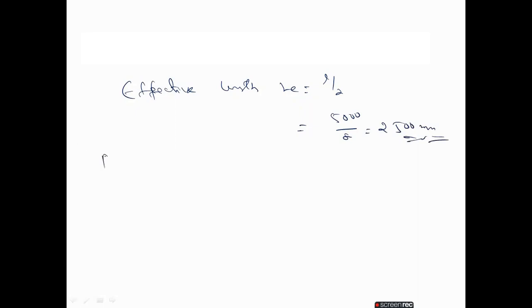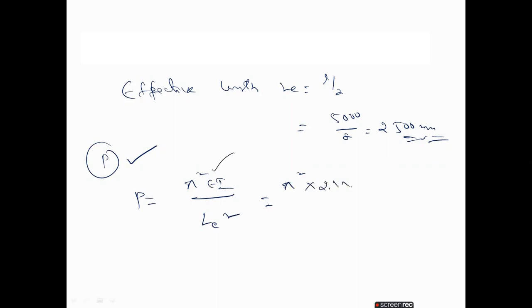Now we have to calculate the crippling load P. The formula for P is from Euler's formula when both ends are fixed, that is pi square EI by LE square. So pi square into Young's modulus given in the problem, that is 2.1 into 10 to the power of 5, and the moment of inertia we calculated, 1336.5 into 10 to the power of 4, by LE, the effective length we calculated, that is 2500, whole square.